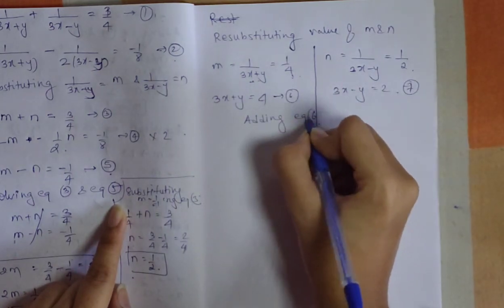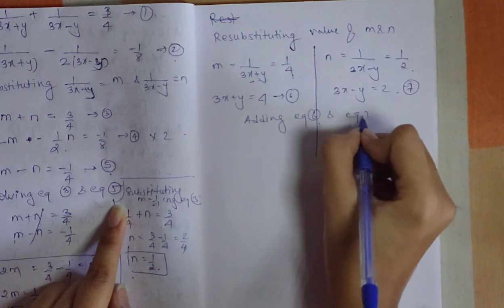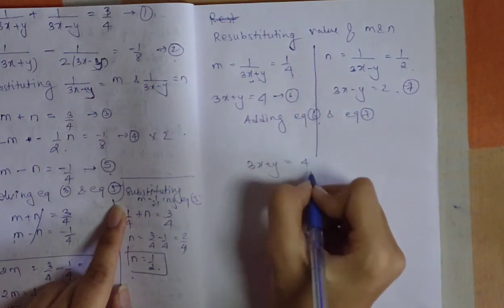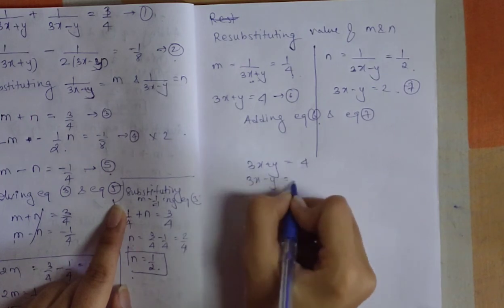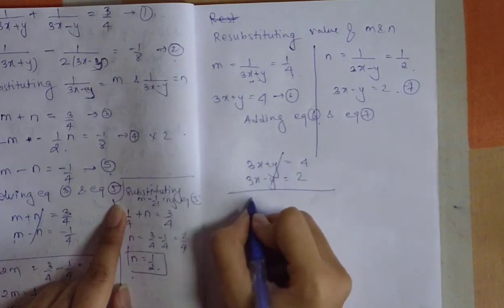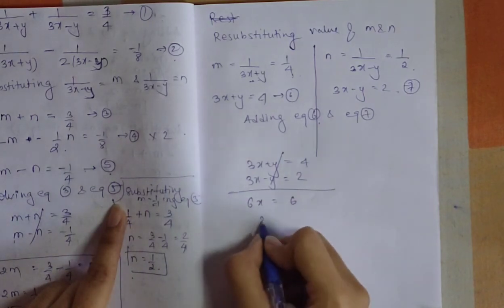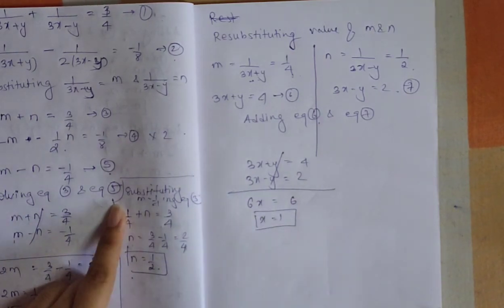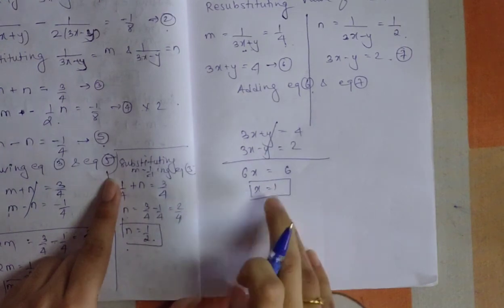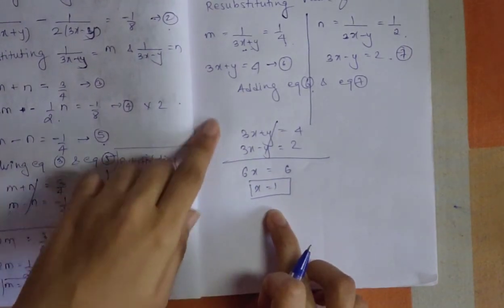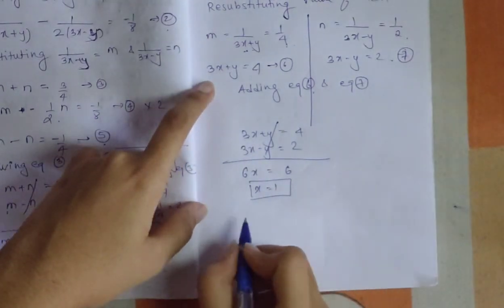Adding equation 6 and equation number 7. So 3x plus y is equal to 4, and 3x minus y is equal to 2. y gets cancelled out. 6x is equal to 6. x is equal to 1. So this is how you find out your x. Now substituting this x in any one of the above equations, say 6 or 7.